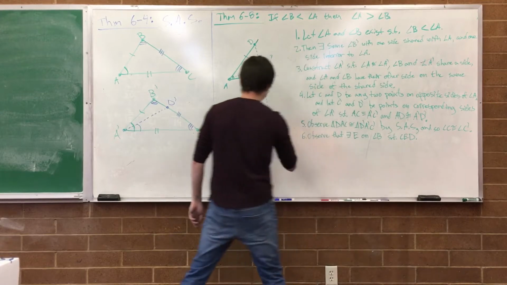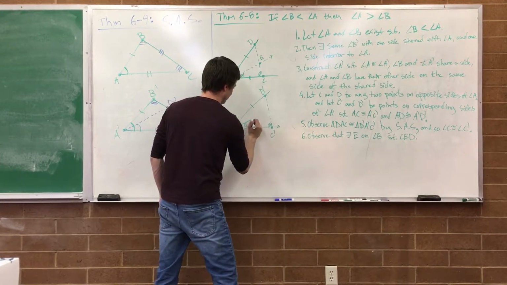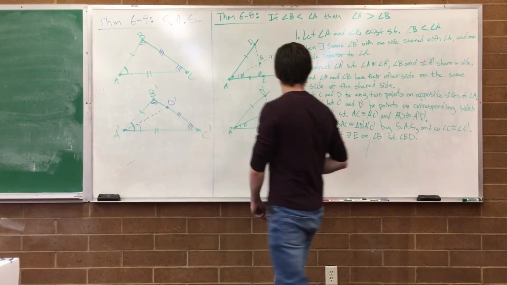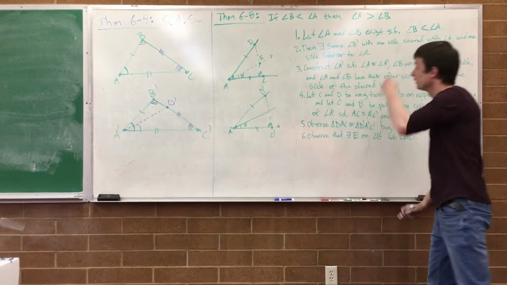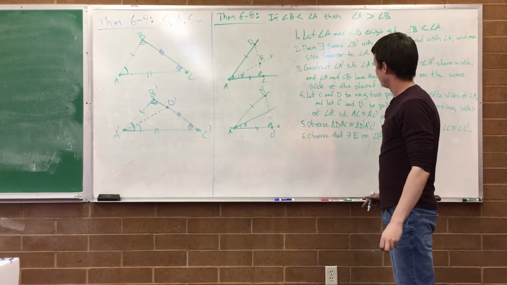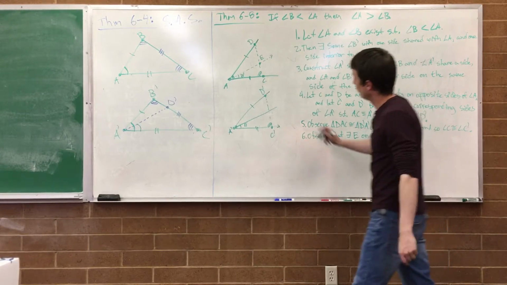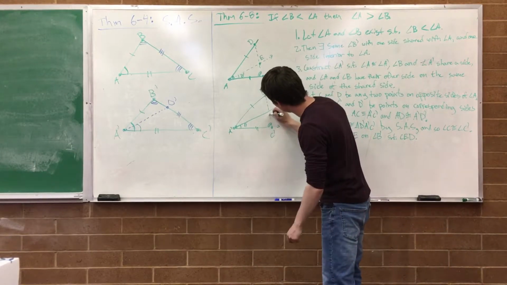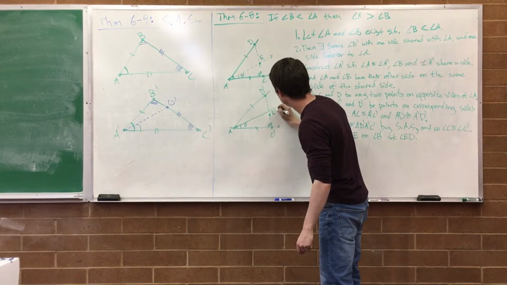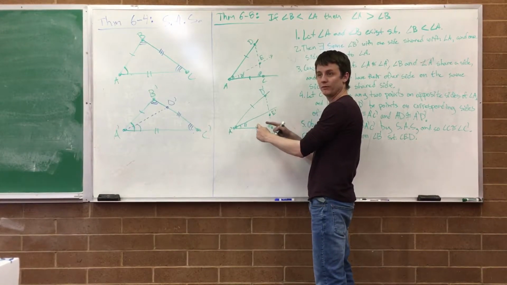So now let's draw angle B prime, more like this. Not angle B, B prime. Good catch. So now we're going to pick a point E prime here and show that E prime is actually on B prime.